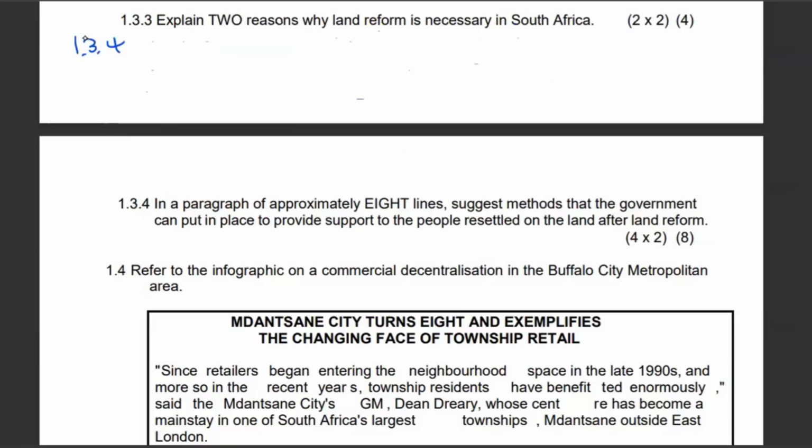What must be done? There must be measures put in place. Government must put measures to ensure redistributed land is used productively.